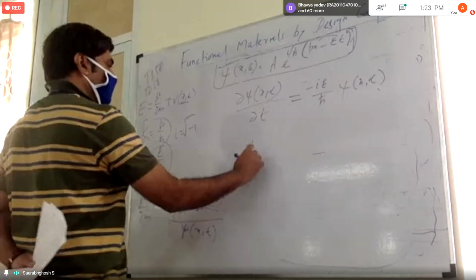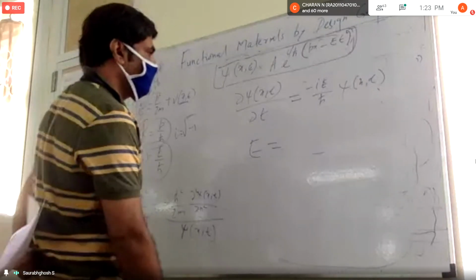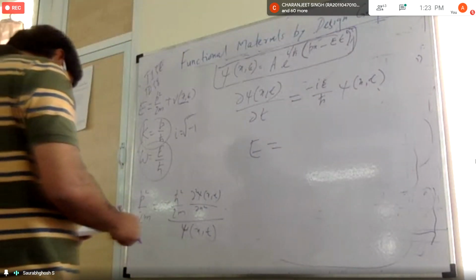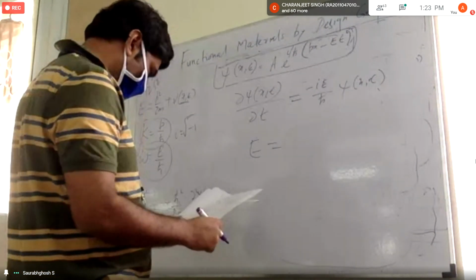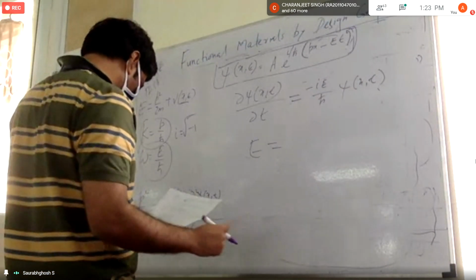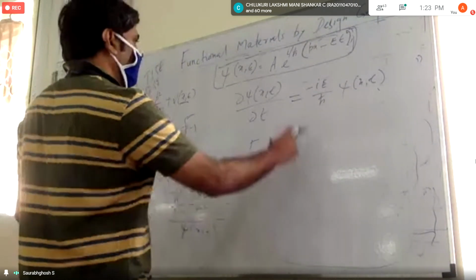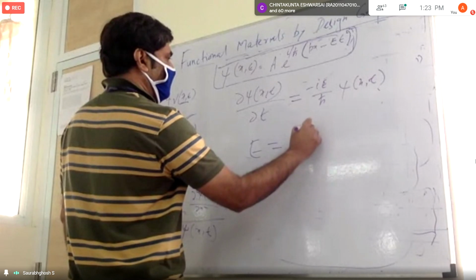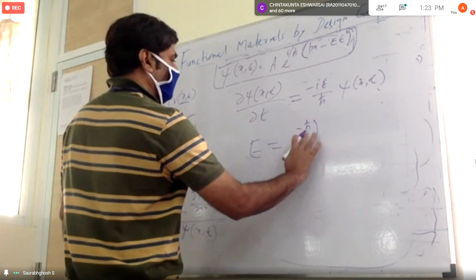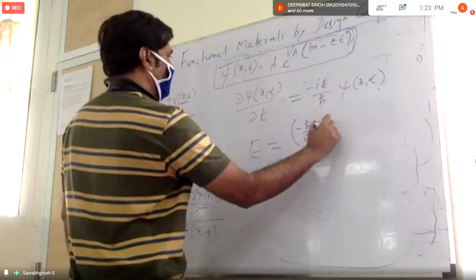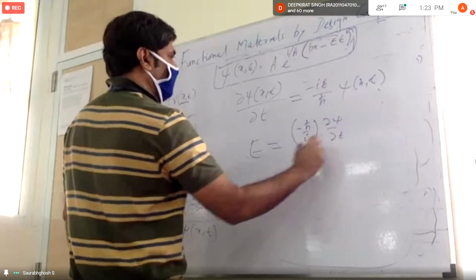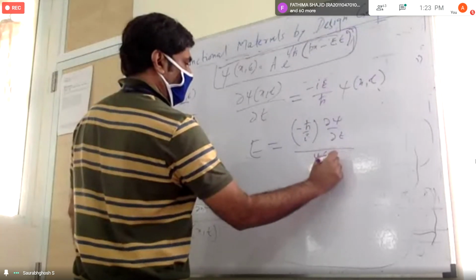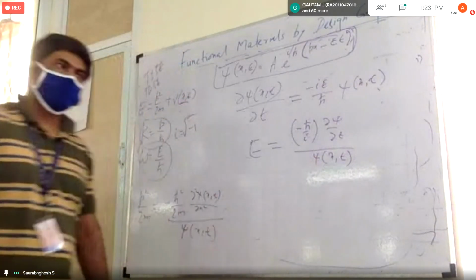So tell me what E is now. E equals minus h cut by i, del psi del t divided by psi of x,t.